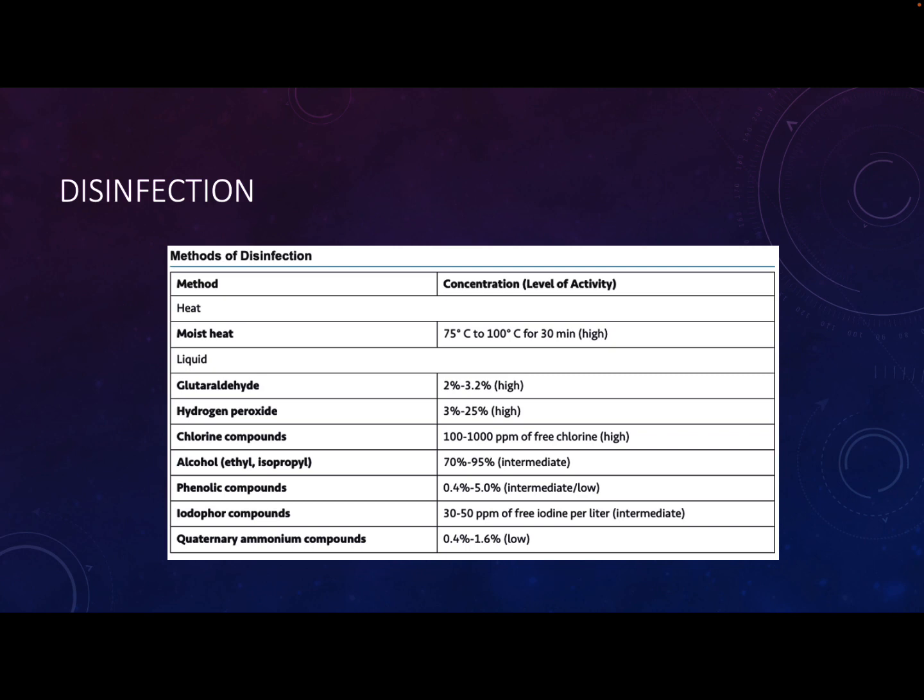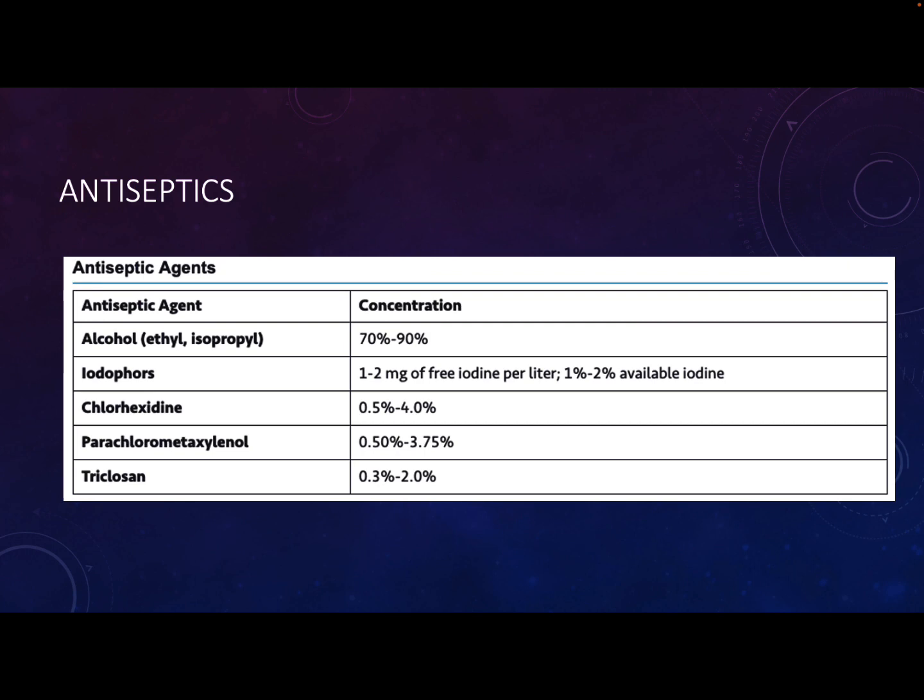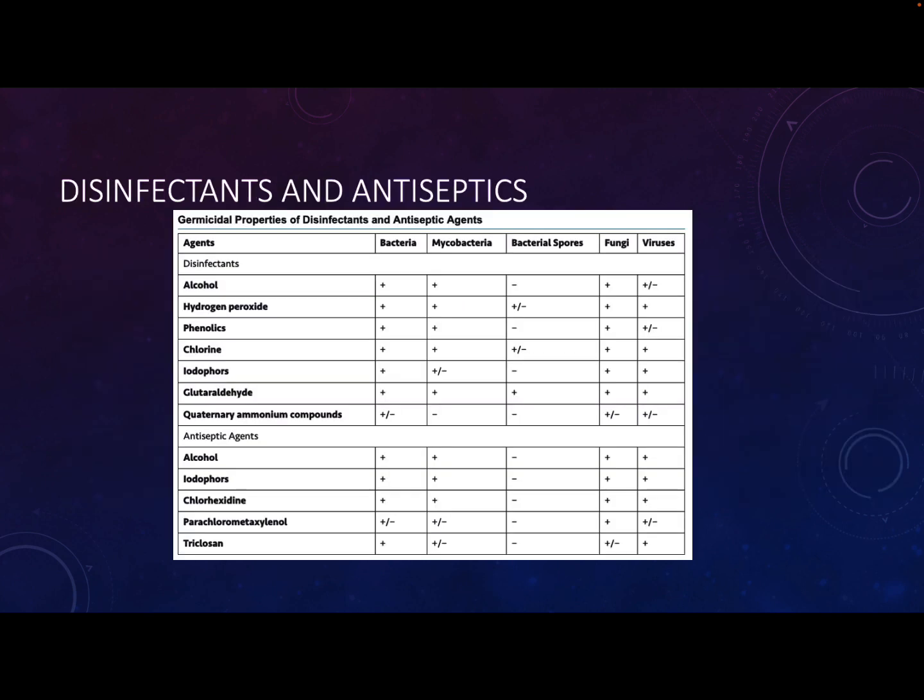Disinfection is done on something that is not living tissue. And then antiseptics can be used on living tissue. You see alcohols are listed here again. People do use hydrogen peroxide on living tissue. Iodine, like Betadine, things like that. Triclosan. Okay. Antiseptics can be used on living tissue.